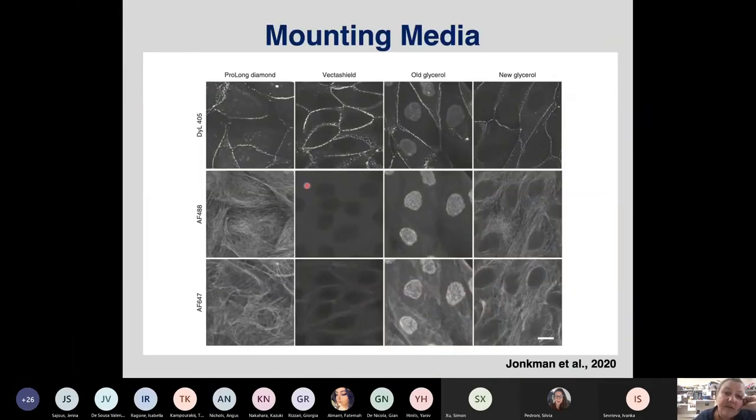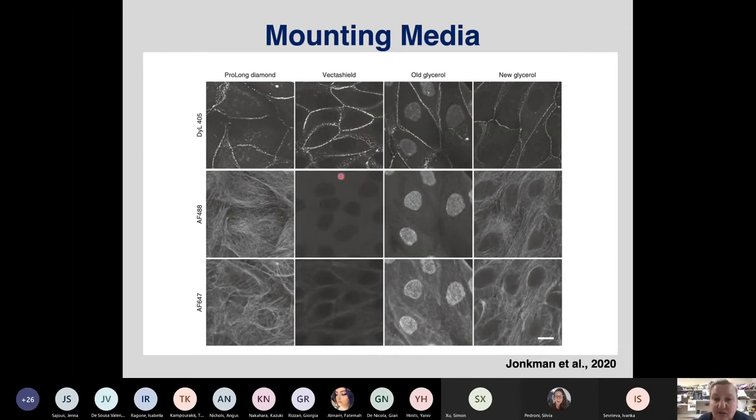So we have done all our antibody incubations, and now we are almost there at the microscope, and we are using our mounting medium and our cover slips, and almost ready to go. And there's another pitfall, because not all mounting media are good mounting media. So these guys obviously were not very successful with one.